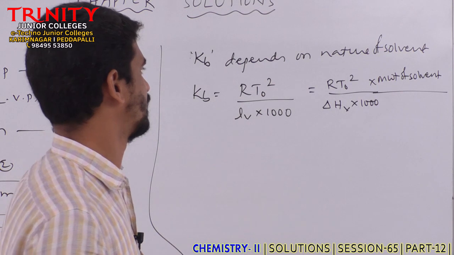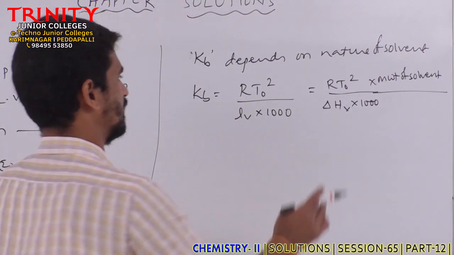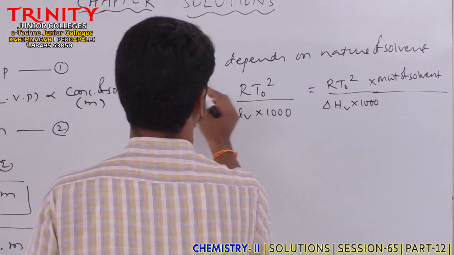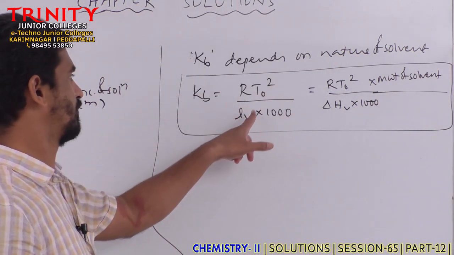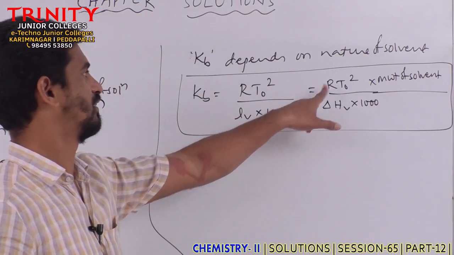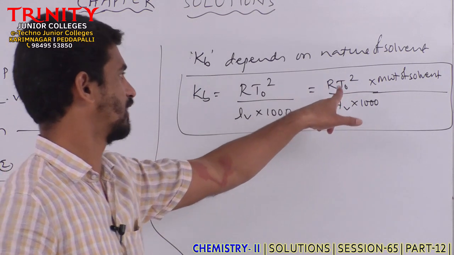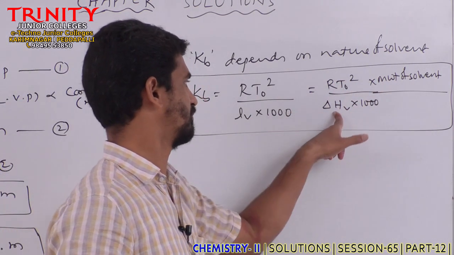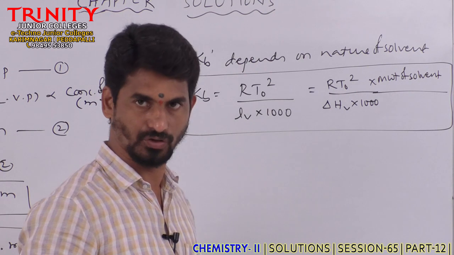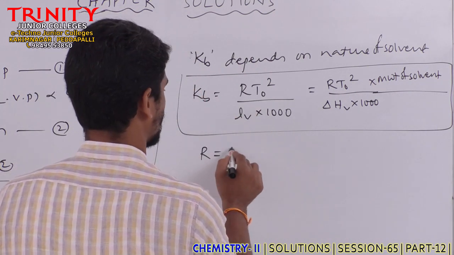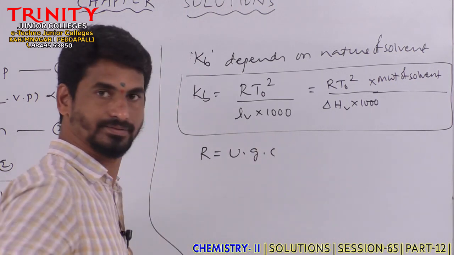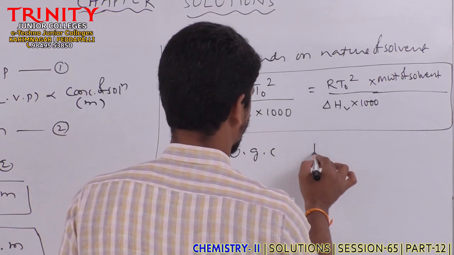Clear? So like that we can say this is Kb. Actually Kb value depends on nature of solvent. Kb equals RT naught square by LV into 1000, or RT naught square into molecular weight of solvent by delta HV into 1000. Here, what is R? Universal gas constant. And what is T naught?